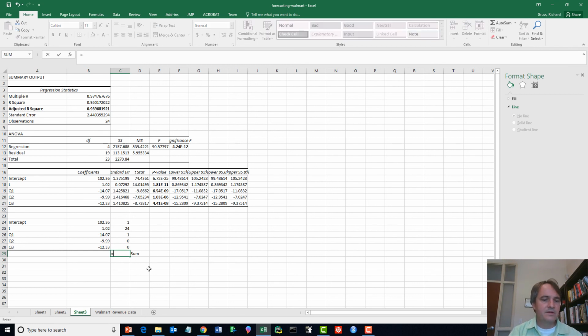There's a really neat shortcut function in Excel called SUMPRODUCT, which will do exactly that. I just need to select this and then select this, and it will do that prediction. Remember that this is just applying the regression equation. I just took a couple of shortcuts there, but we get 112.82.